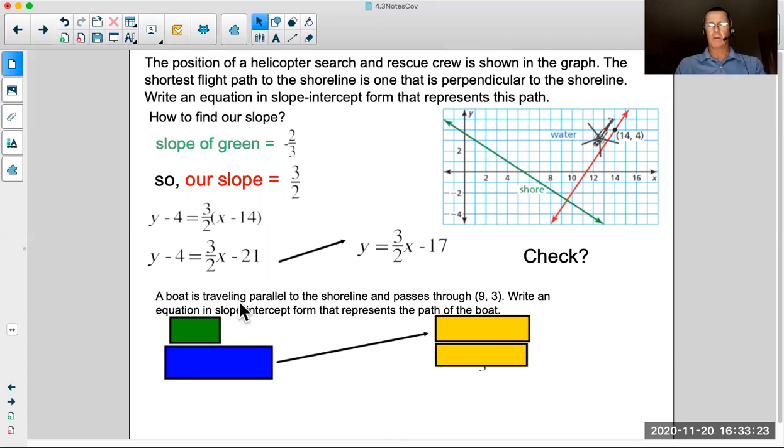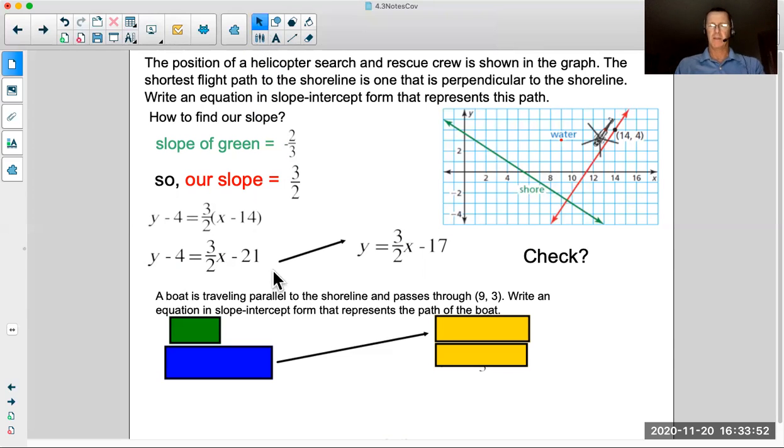Okay, now we have a boat that's traveling parallel to the shoreline and passes through 9, 3. So it passes through 9, 3 right there, okay? Write an equation in slope-intercept form that represents the path of the boat. So we want to find the equation for the line that goes through here. Well, if it's traveling parallel to the shoreline, how will the slope of the boat's path compare to the slope of the shoreline?